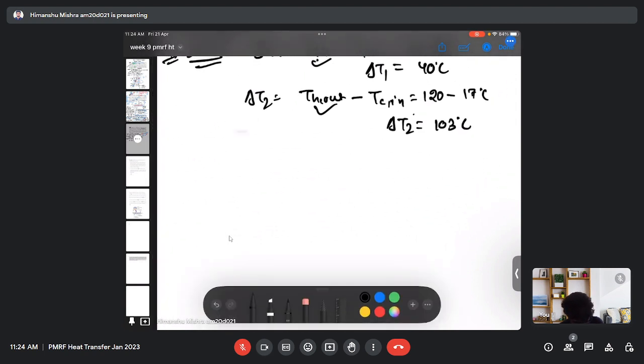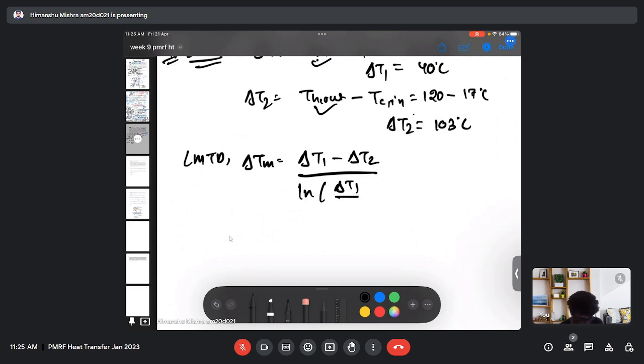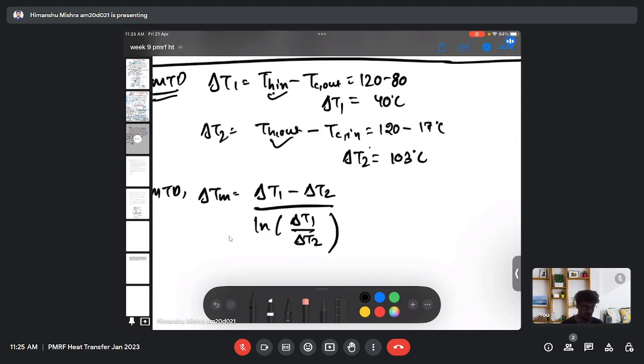So my logarithmic mean temperature difference is given by this formula. We just need to put the values.